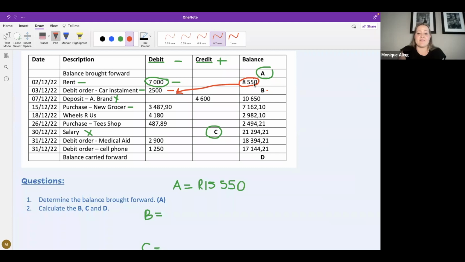So 8,550 minus the 2,500 will give you 6,050. Everyone happy with that question? So Steffi, I think you jumped one line down. Okay, you're looking at the wrong transaction.